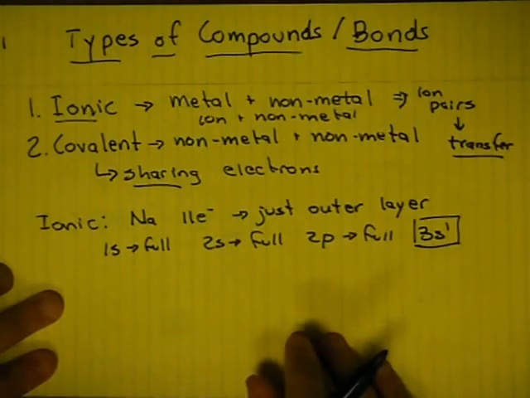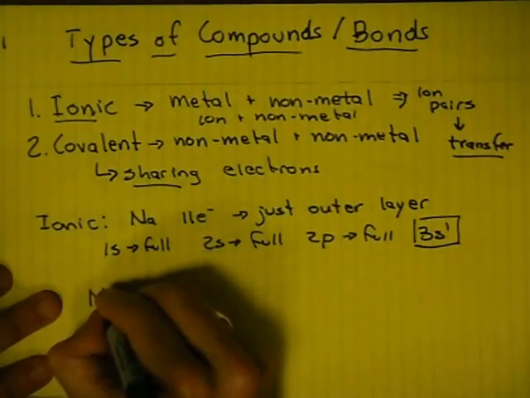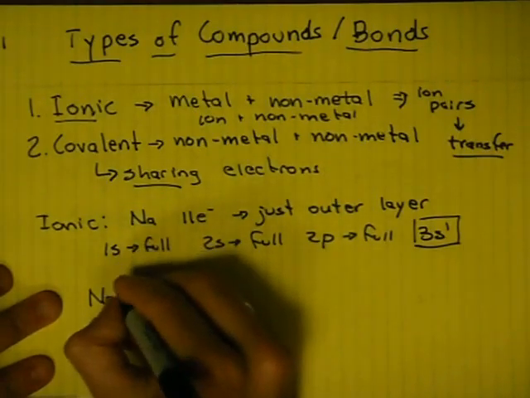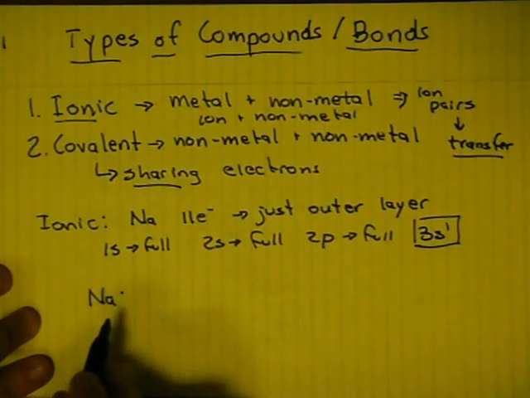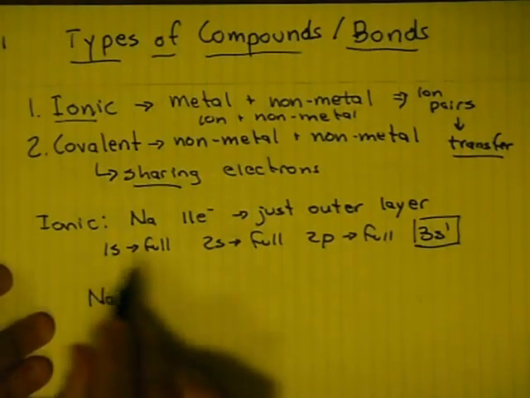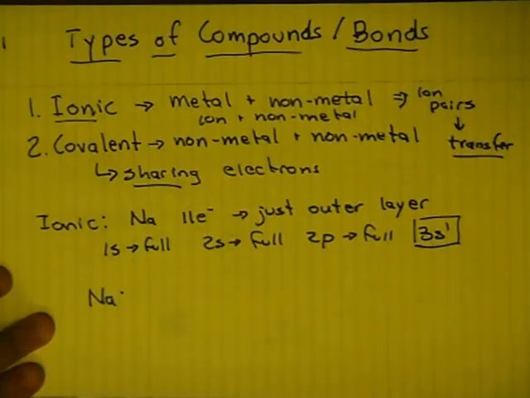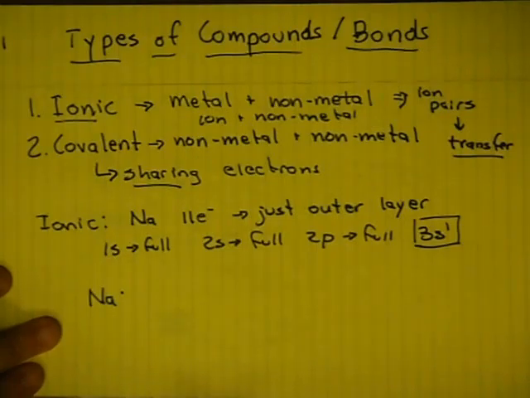So if we were to make a Lewis dot in A, it would just look like that, because we've just got 1 in that outer layer. Because if you remember, the inner 2 are full, the next 8 are full, and so that's all that we have. So that is our Lewis dot for sodium.